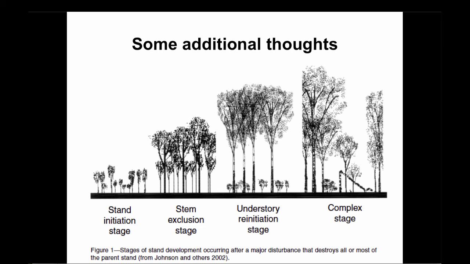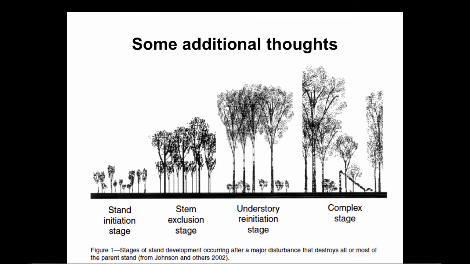And so what you see here is an example of stand development in 4 different stages that occur after a major disturbance that destroys all or most of the parent stand of a mixed oak forest, where we basically have an area in the stand initiation stage that may be an abandoned pasture land, for example.